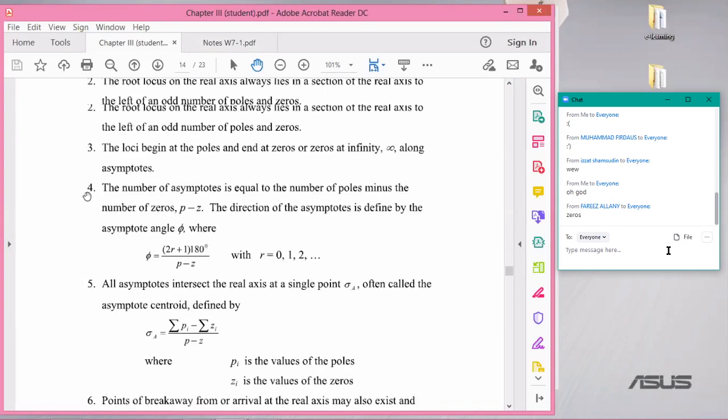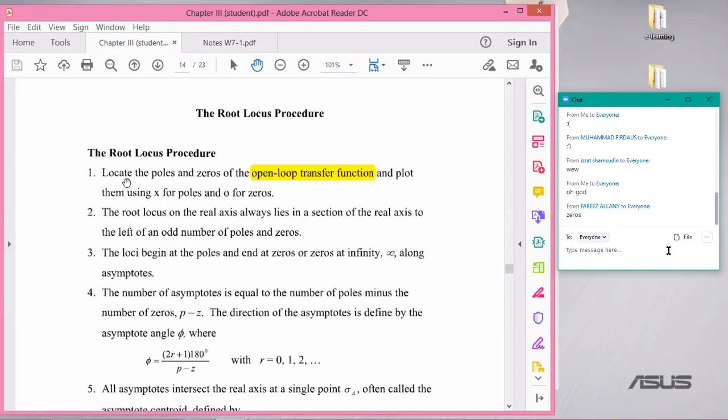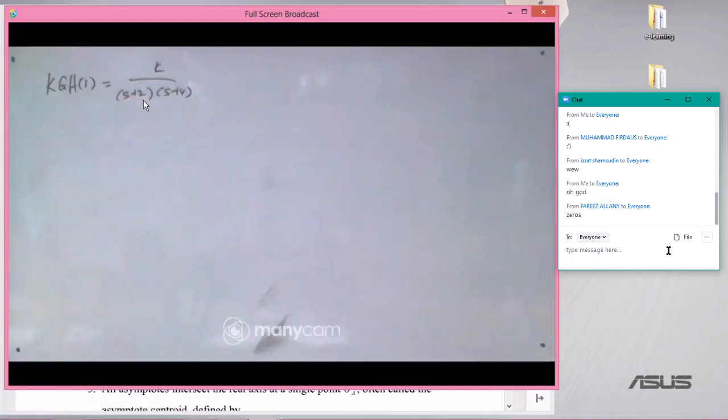Okay, so the first step says to locate the poles and zeros of the open loop transfer function. There's no zero. So this is our open loop transfer function. There are no zeros, there are two poles, at -2 and -4.